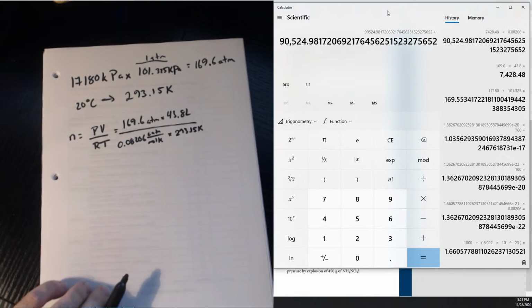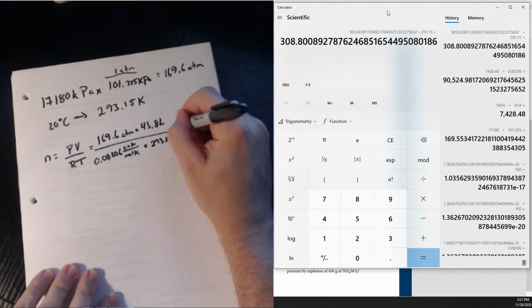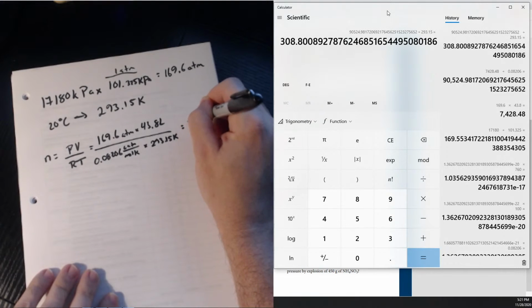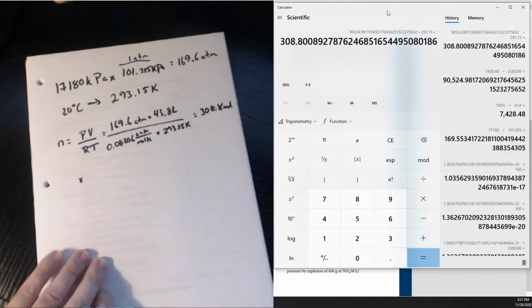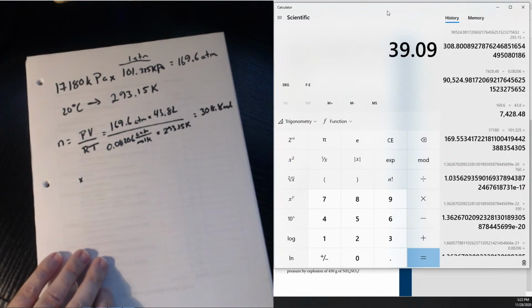Divide by R, now divide by temperature. That gets us 308.8 moles. And then we multiply that by 39.095 grams per mole, times 308.8.